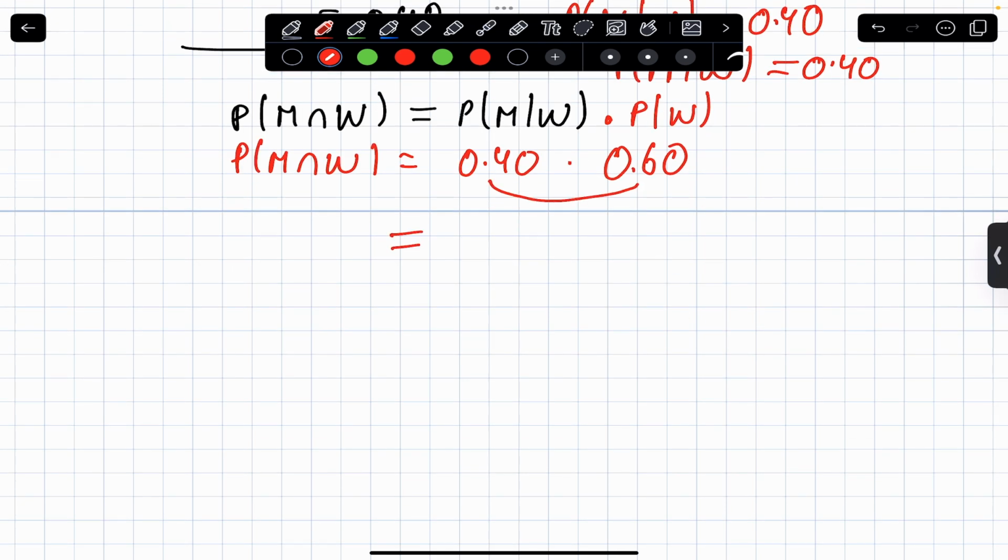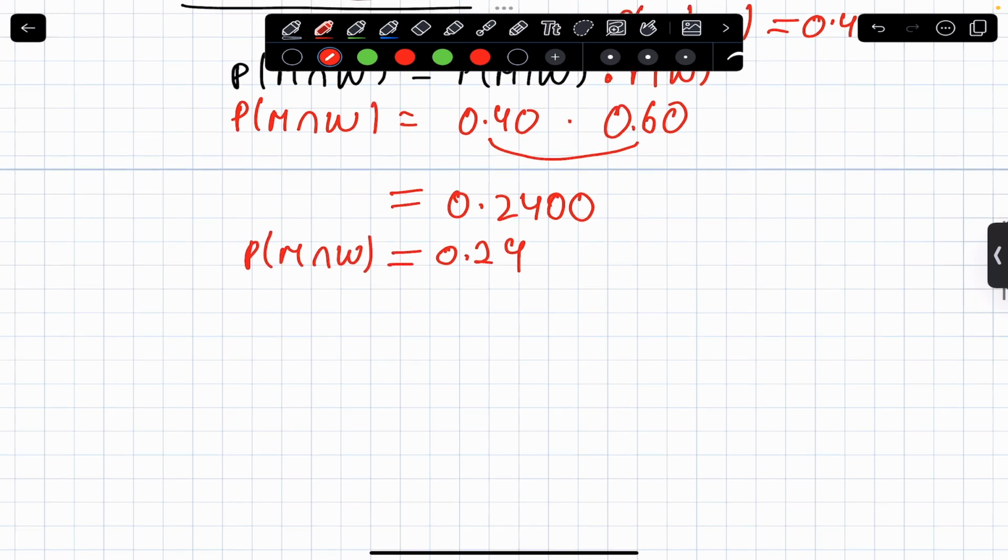If we do our multiplication, 0.4 times 6 is 24, which will be nothing but 0.24. So at any given point, if we pick a person from that group who is married and a woman, it is 24%. Have you got this?